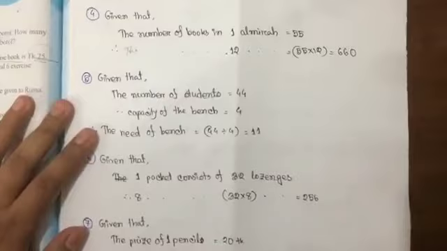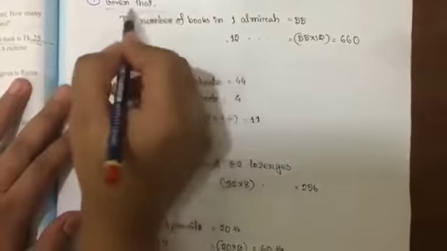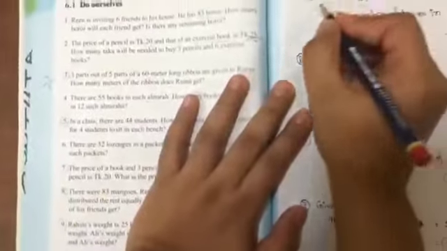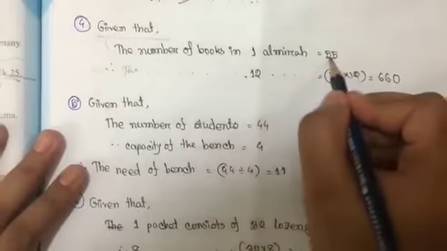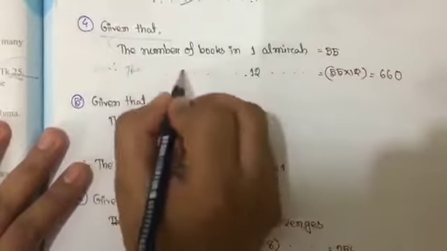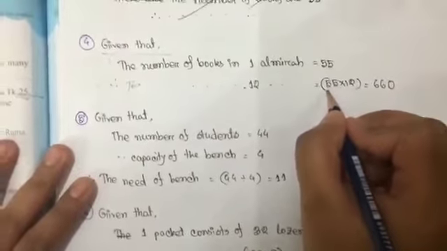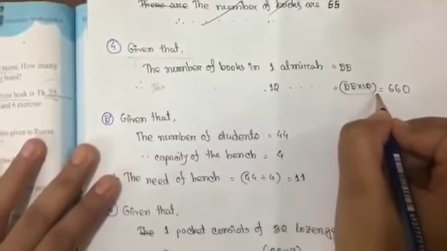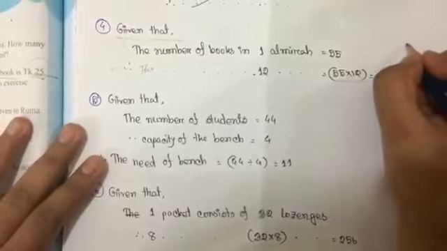Just like that, in every single math we start with the phrase "given that," because this information is from our book. Given that the number of books in one almirah is 55, and the number of books in 12 almirahs would be what? Obviously the multiplication. Without multiplication you cannot get the answer, right? 55 into 12 is equal to 660.